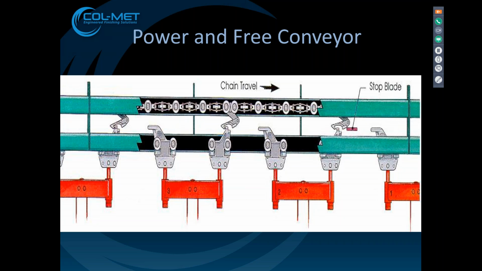They're also used when there needs to be longer process time, whether from a coating, pre-treatment, or curing standpoint, with dwell time at each station. These are commonly used in industry, but by and large, the I-beam and the enclosed track without power and free are what we deal with mostly from day to day.